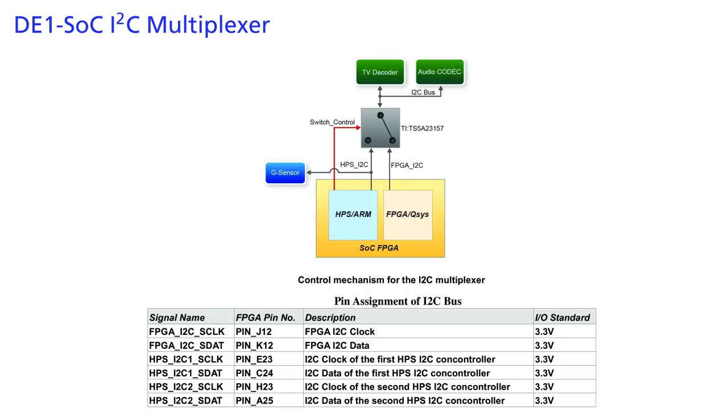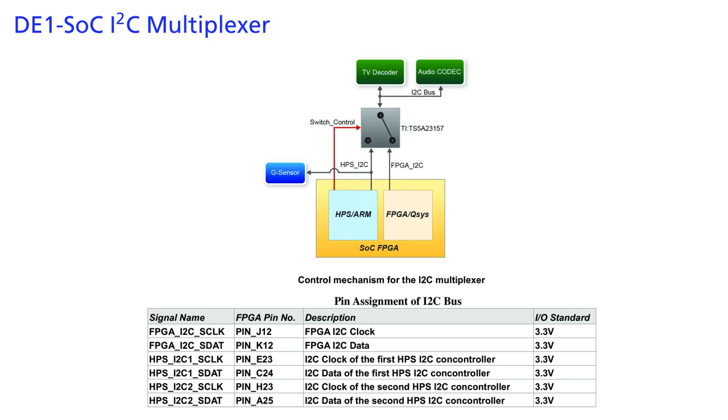Finally, the DE1 has quite an idiosyncrasy when it comes to the audio codec. The designers wanted to be able to control the audio codec and the TV controller, both of which have I2C ports on them, from either the FPGA world or the HPS world, which has its own I2C bus. It's up to you. My thought is that it makes more sense to have the FPGA do the I2C configuration.